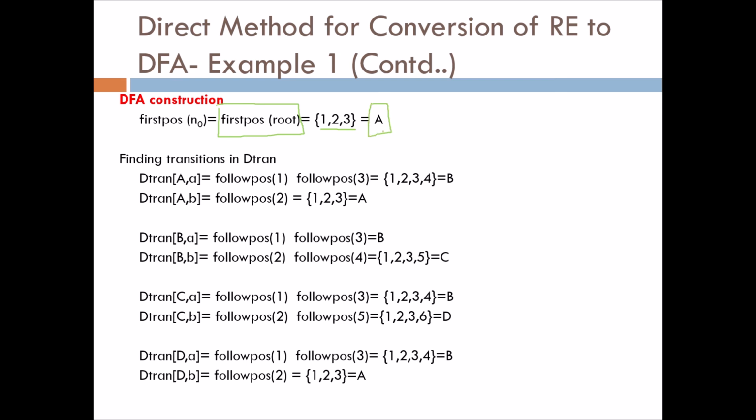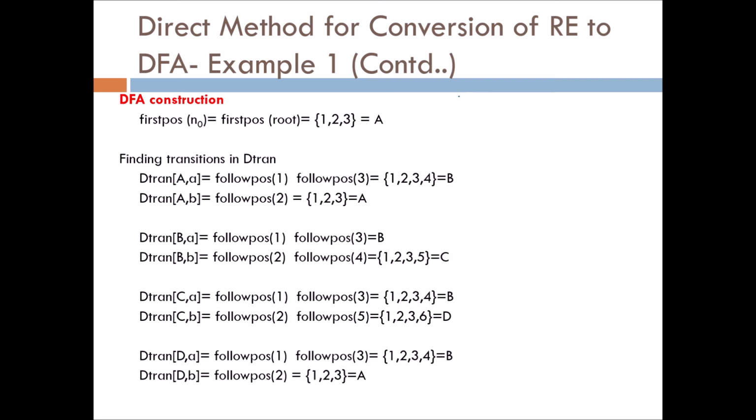So we start from 1, 2, 3 and name it state A. And we will now find what should be the transition of this state A based on the input symbols, which were a and b. Now what is A? A is 1, 2, 3.